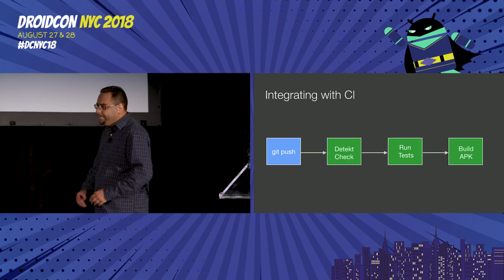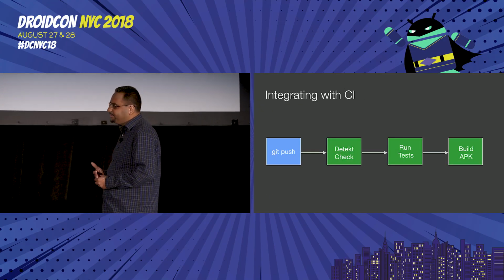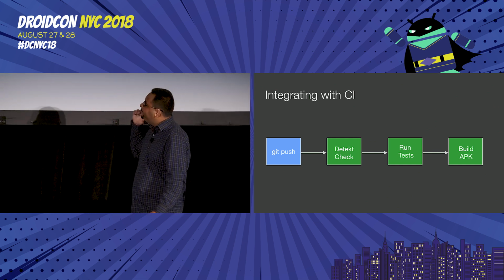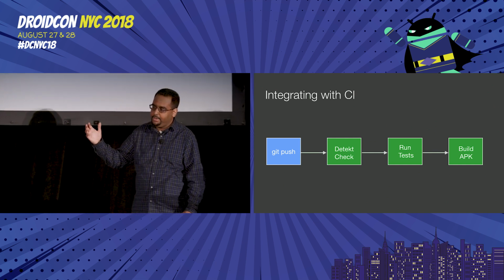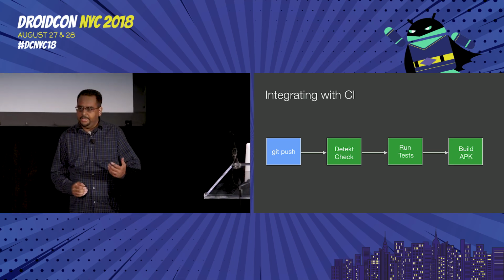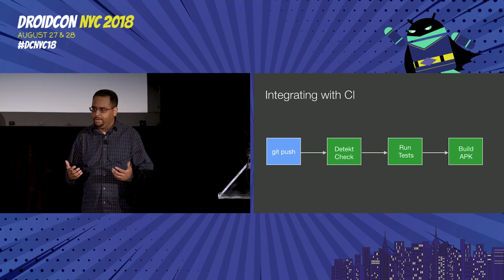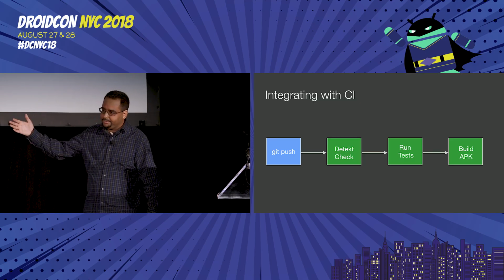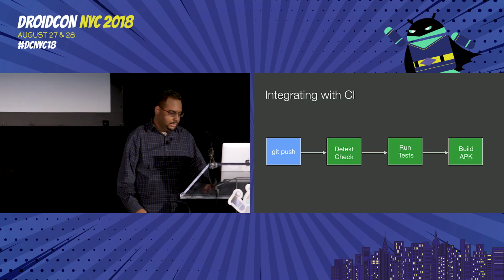On your CI, whether you're using Jenkins, Travis, or Circle CI, you could have Detekt run first before it builds your APK and runs your tests, right? So that's a second fail-safe that you could do. This is what we did at Vimeo. We integrated Detekt by following this workflow.